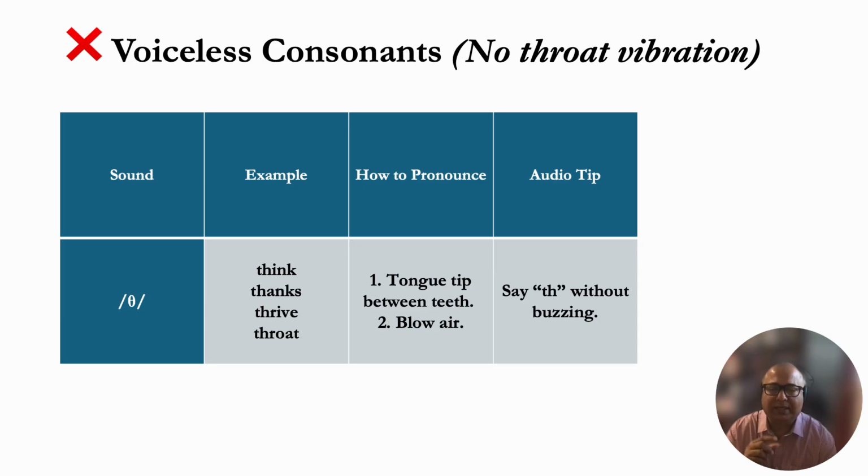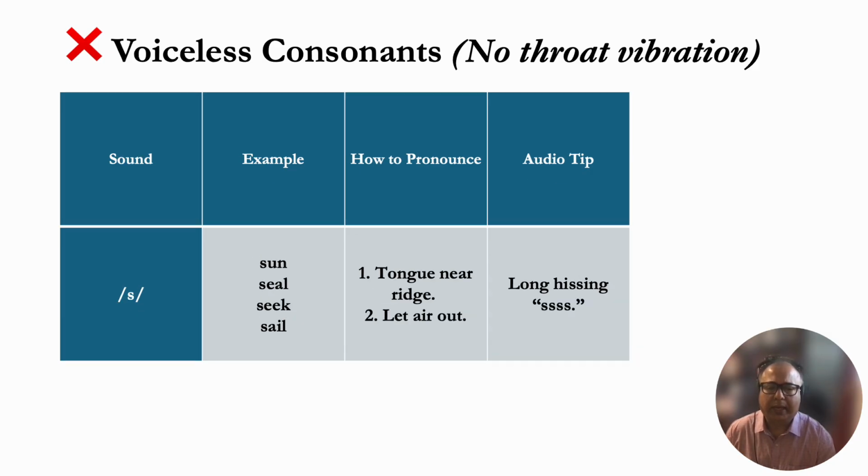Think of it as biting your tongue, but not too hard, very gently, right? You don't want to hurt your tongue. So you put your tongue between the teeth, and then you let the air come out. Okay? Think. Okay. Moving on.